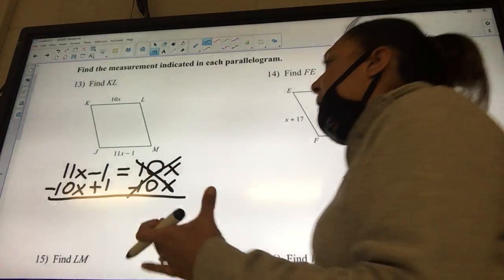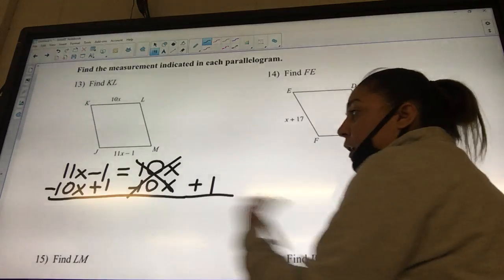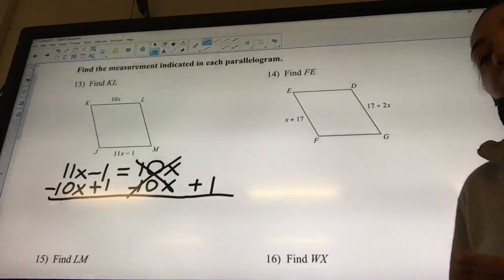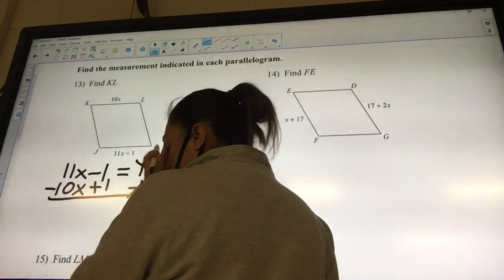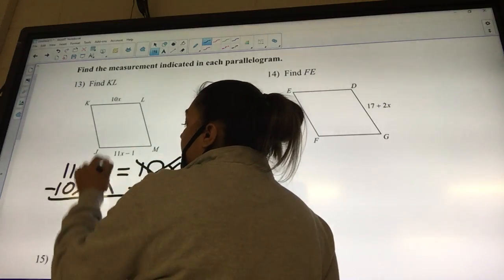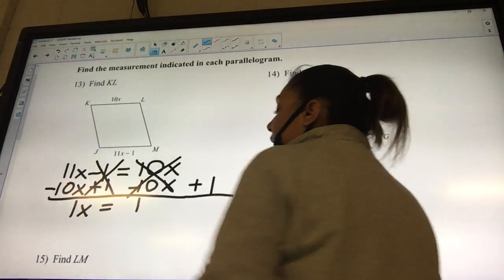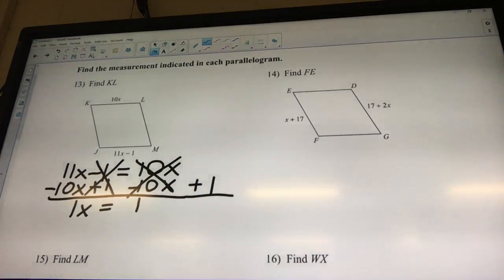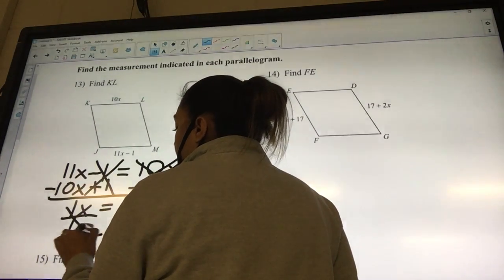There's nothing to put it under on the other side, so we're just going to say plus 1 somewhere apart, because you can't put it with that 10x, and that's already crossed out. 11x minus 10x is 1x, equals 1. When we divide, 1 divided by 1 is just 1.